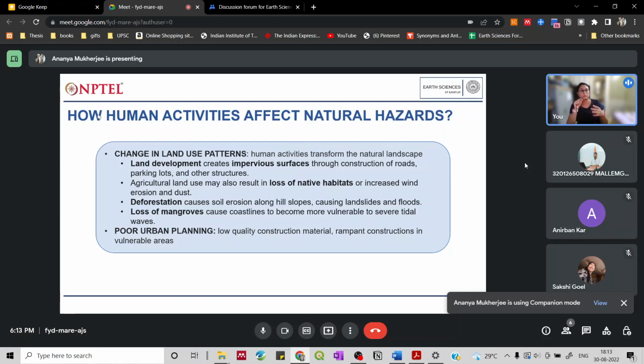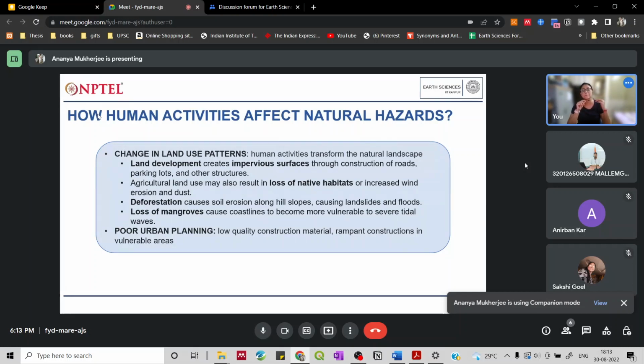One of the reasons for this is the change in land use patterns. Like when you have urban development, we are cutting down trees and constructing roads, parking lots, buildings, and such structures, and this makes the surfaces impervious.